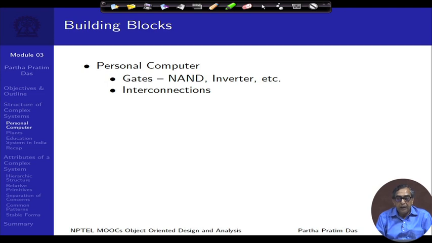Whether you talk about the ALU, the memory, or the hard disk, fundamentally these are collections built with several primitive gates, and on the other side we have different interconnects that define the buses that exist on the CPU, the buses that connect from the CPU to the hard disk, and so on. So, while on one side the personal computer has several systems and subsystems of complexity, on the other side there are a few primitive elements through which these computers are built up.